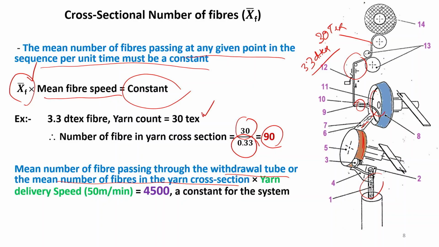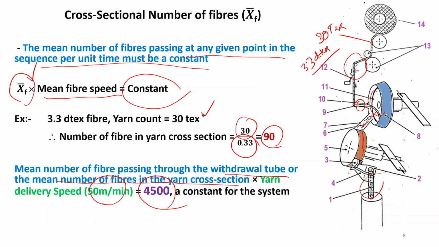If the yarn delivery speed is given as 50 meter per minute, then this constant 4500 is valid at any point in the system. So, this is the constant for the system.